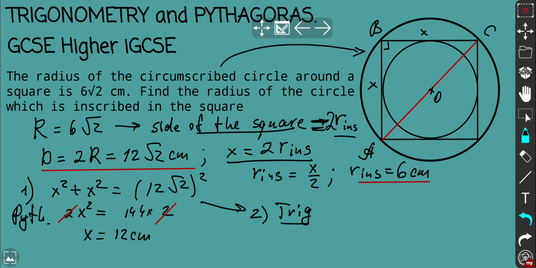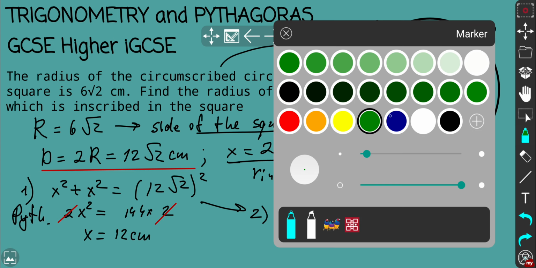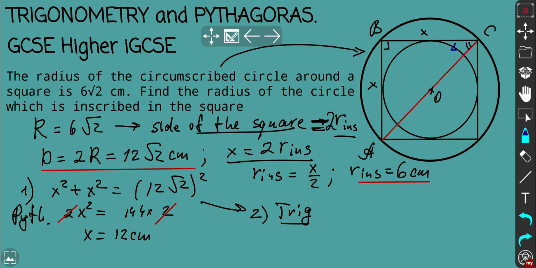How can we do this, guys? Let's have a look at this triangle again, ABC. Because this is the diagonal of the square, we know it becomes the bisector of each angle C and A. So if it's a bisector and the angle is 90 degrees, this small angle becomes 45 degrees, because it's half.